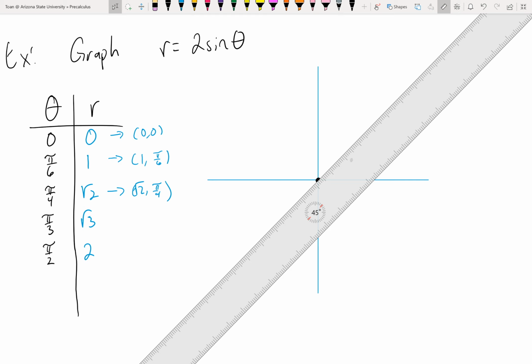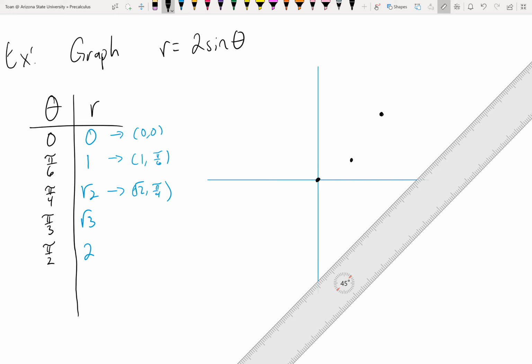So if radical 2 is 1.4, in my scale, that's going to be 2.8. Actually, never mind. Let's see here. I should use a calculator. Yeah, it's 1.4, so here we have 2.8. I'm going to eyeball it somewhere right there.